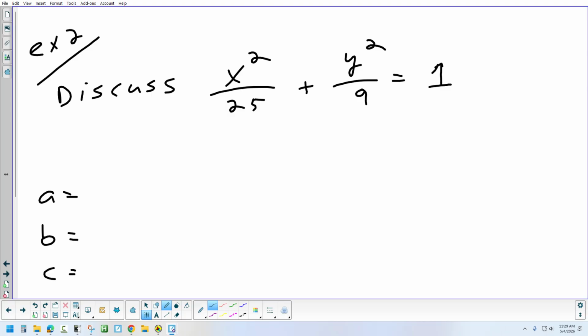When you're describing an ellipse, the things that I will always want to know are the center, vertices, foci, and the direction of the major axis. I don't really need to know the minor axis, because if you tell me the major axis, I know the minor goes the other way.